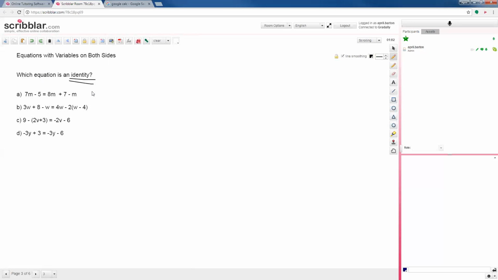This is not asking you to solve. It's not asking you to find m equals 12. An identity means both sides are the same. So on a question like this, it has to be multiple choice.